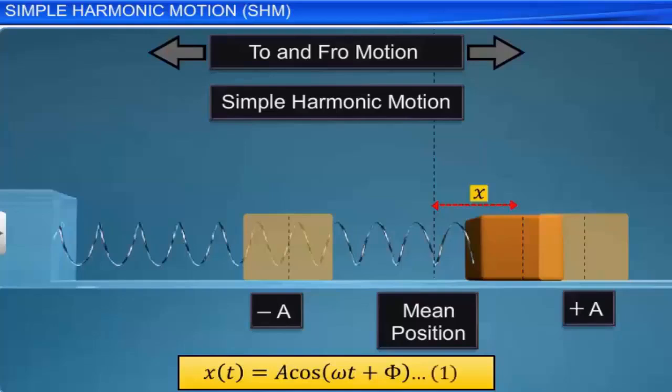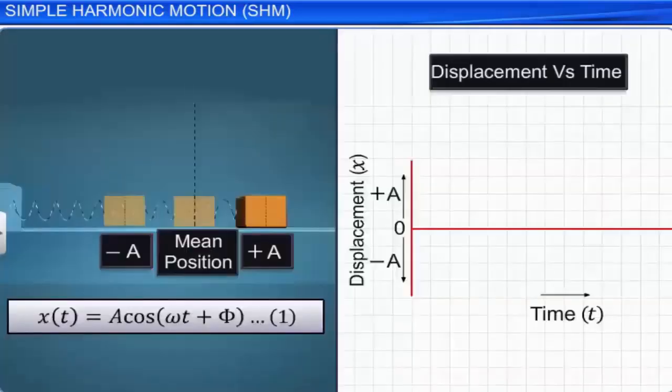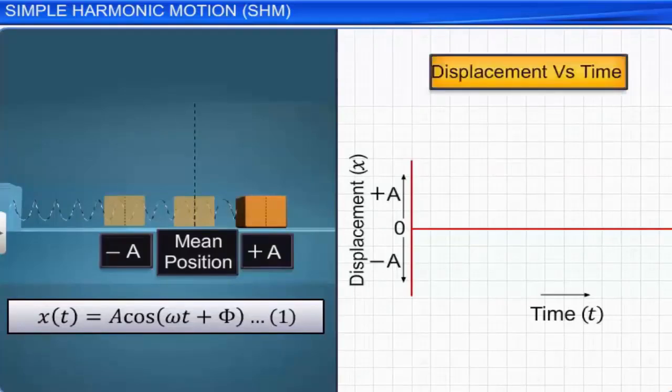In simple harmonic motion, the variation of the displacement of a particle with time t can be denoted by the displacement versus time graph. A periodic motion where the displacement of an oscillating particle varies sinusoidally with time t can be called simple harmonic motion.